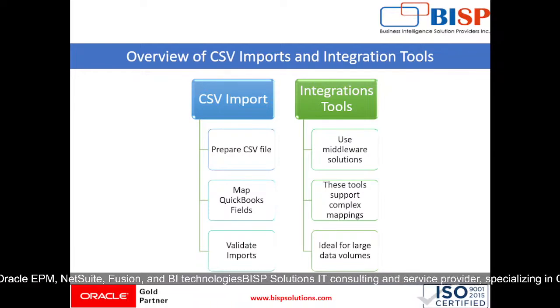We prepare CSV files for each data category, for example customers, vendors, transactions, because NetSuite only takes CSV format, not spreadsheet format, so we have to map QuickBooks fields to corresponding NetSuite fields during the importing process. Then we will be validating imports with small data sets before full migration is done.